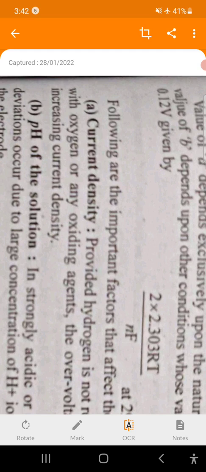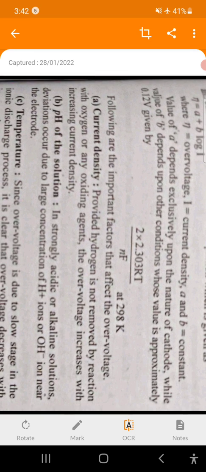It is observed that by using catalytic surfaces, the magnitude of overvoltage can be decreased by increasing the rate of the difficult step, that is H atoms combining to form H2 gas. The speed of that step can be increased by using catalytic metal surfaces as the cathode.